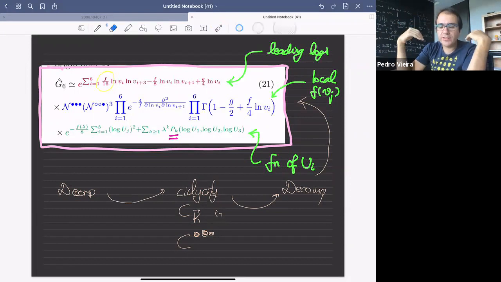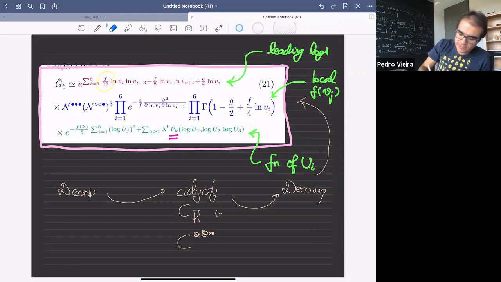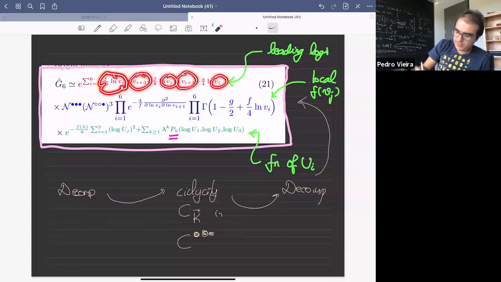What is regulating these divergences here? What regulator are we using? It's the fact that the points are not exactly null. They are approaching a null limit. So we don't start with a null polygon, but we approach a null limit. So the regulator is how close to null they are, and this is how close to 0 this V is, right? And this one, and this one, and this one, and this one.